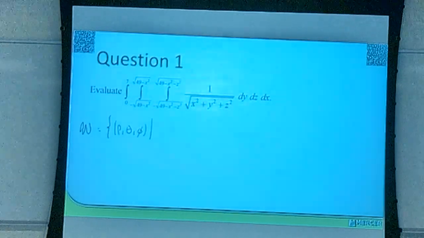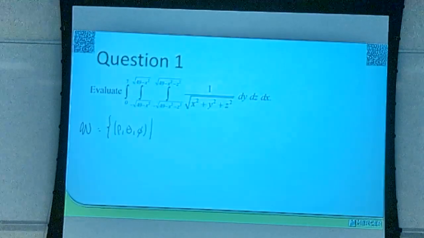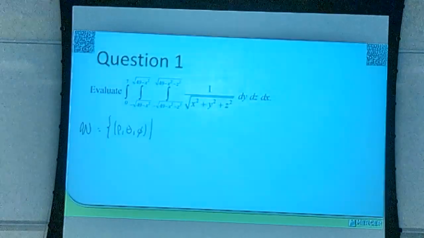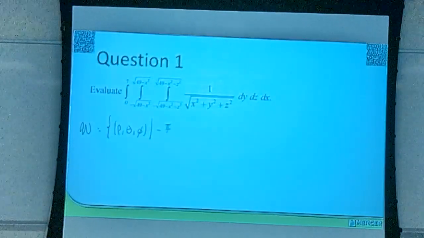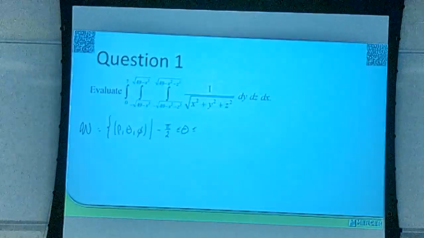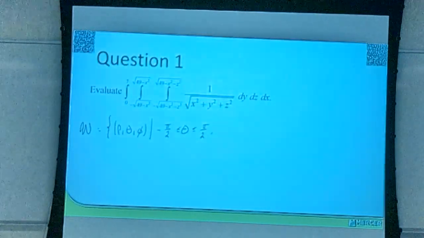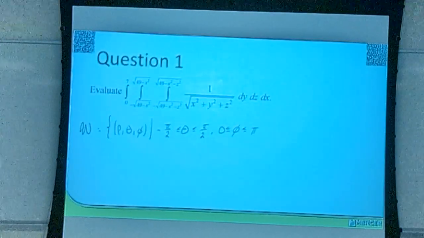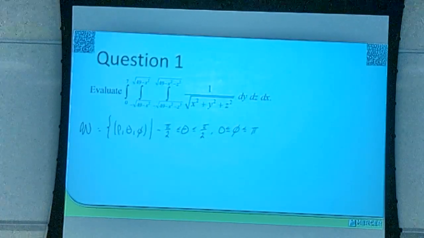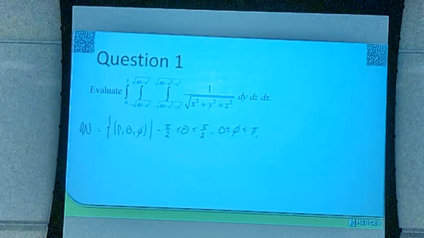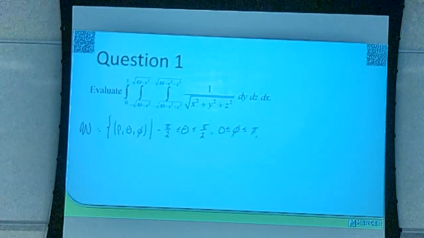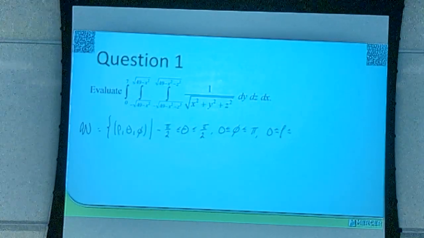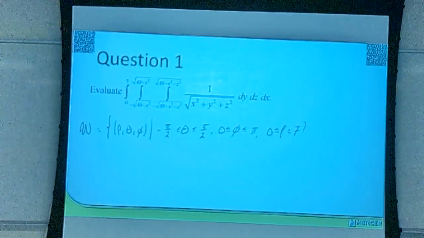Theta would go from minus pi over 2 to pi over 2 then. It's quadrants 1 and 4. Yeah. Since Z is both positive and negative, there's no restriction on phi. And what is the radius of the sphere? There's your description.